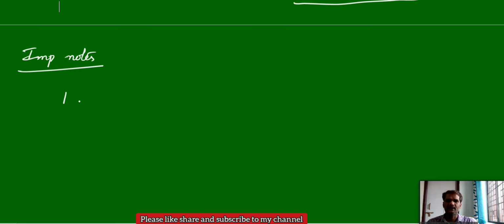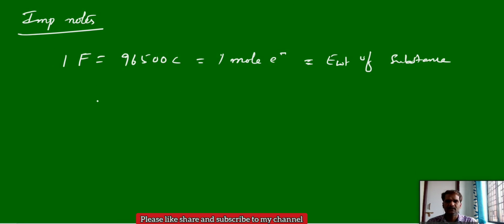We know that 1 Faraday is equal to 96,500 coulombs, nothing but the charge of 1 mole of electrons, and that is also equal to the equivalent weight of the substance. So 1 Faraday is equal to the equivalent weight of substance deposited or liberated.